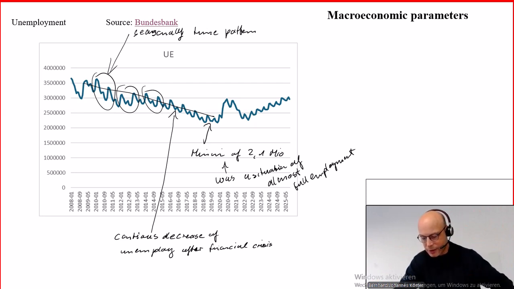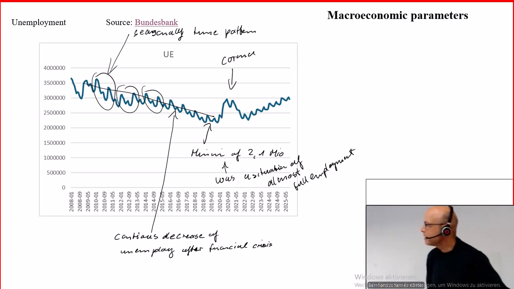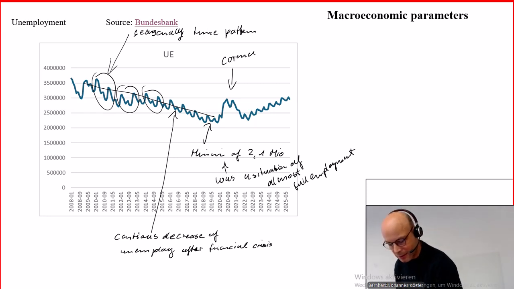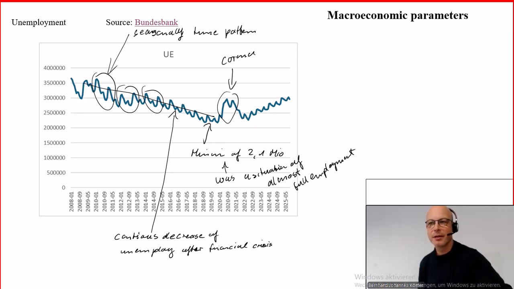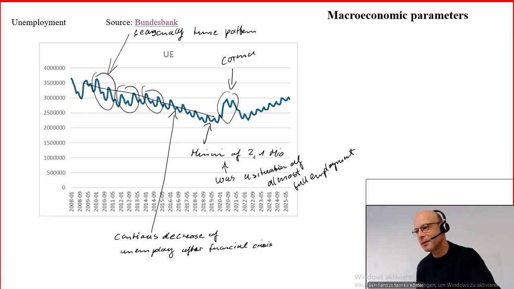And then we had, of course, here again Corona, and there we have to be, of course, a little bit careful because this is a very small rise of unemployment in Corona. It just rose by roughly 500, 600,000 people. Actually, within Corona, we had much more.